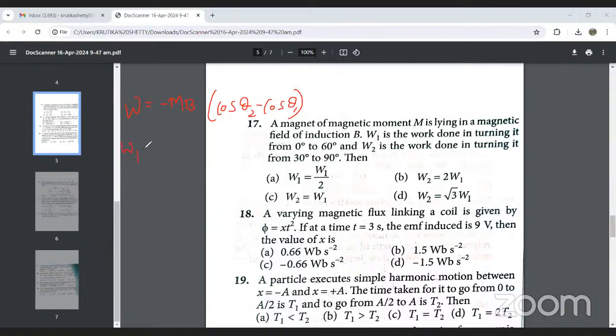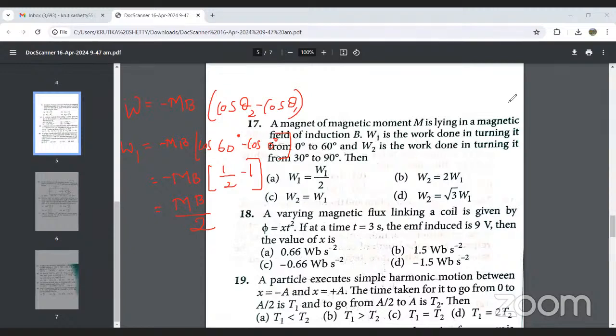So W1 is equal to minus MB into cos 60 degree minus cos 0 degree, since it is turned from 0 to 60. It will be minus MB into bracket cos 60 is 1 by 2 minus cos 0 is 1. So therefore it is MB divided by 2. This is equation 1, W1.